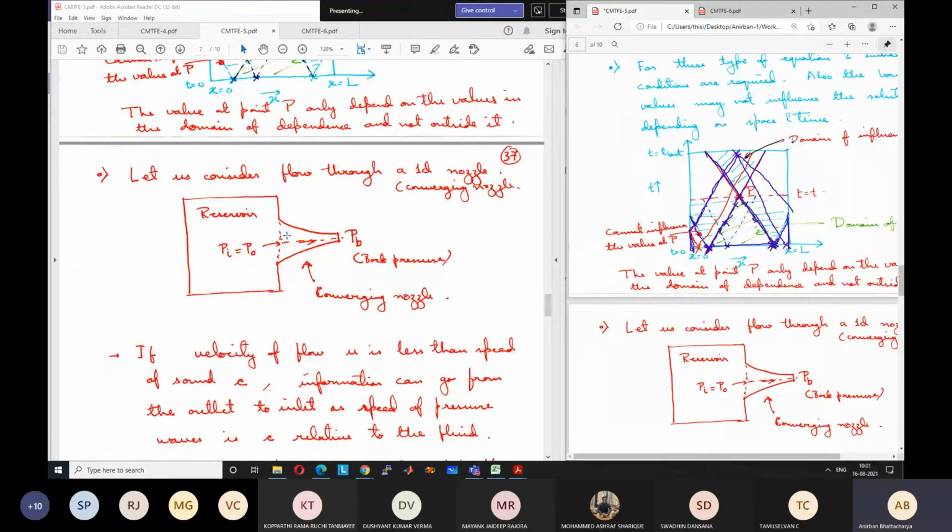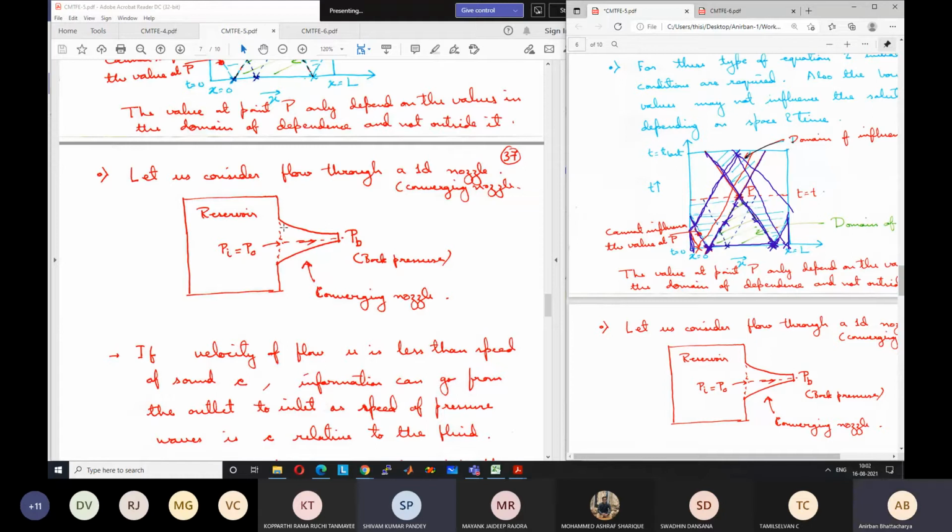In a static fluid, as you have already said, it's the speed of sound. So always with respect to the fluid, the pressure waves move at the speed of sound. But the fluid itself is moving forward with the speed of sound, right? So if I'm standing outside and I see that this fluid is moving forward at the speed of sound, and the pressure wave is trying to move backward at the speed of sound relative to the fluid, what is the speed of the pressure wave for an outside observer? Stationary, zero.